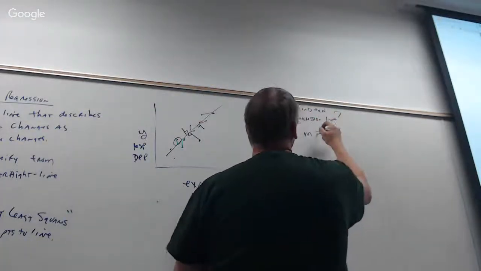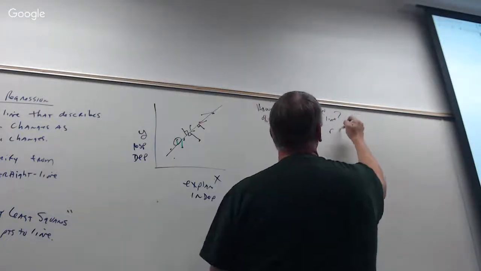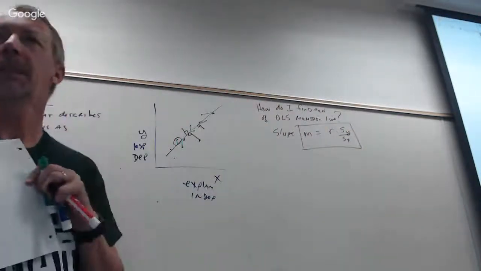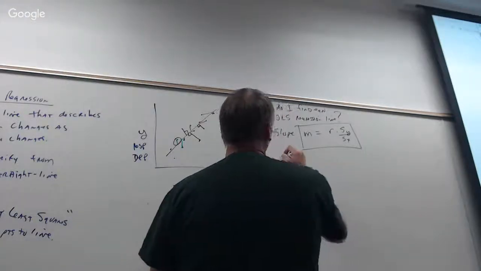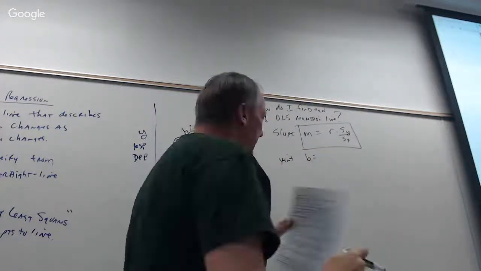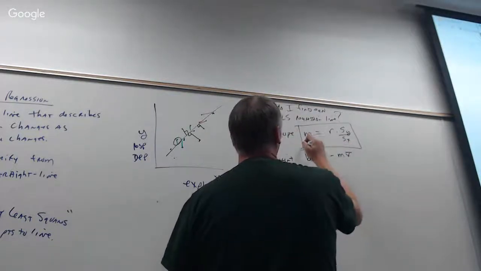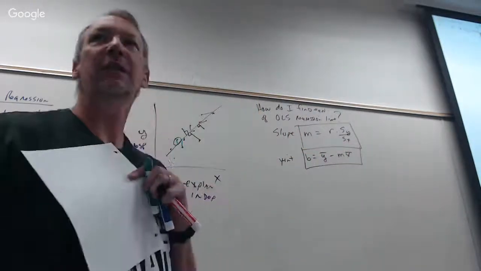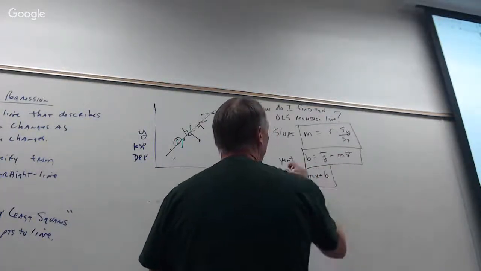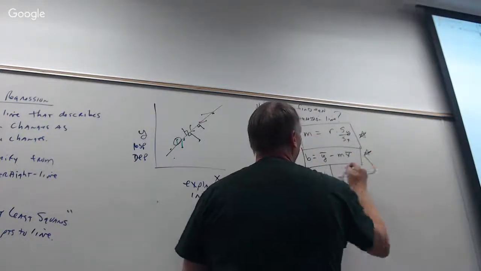M equals your correlation coefficient that we learned how to do last time times s sub y over s sub x. Okay? And then we're going to learn our y-intercept, which is b, and that's going to be y bar minus m times x bar. Okay? So once you found your m and your b, then you can say that y equals mx plus b. Okay? So we're going to use these two, plug them into this equation.